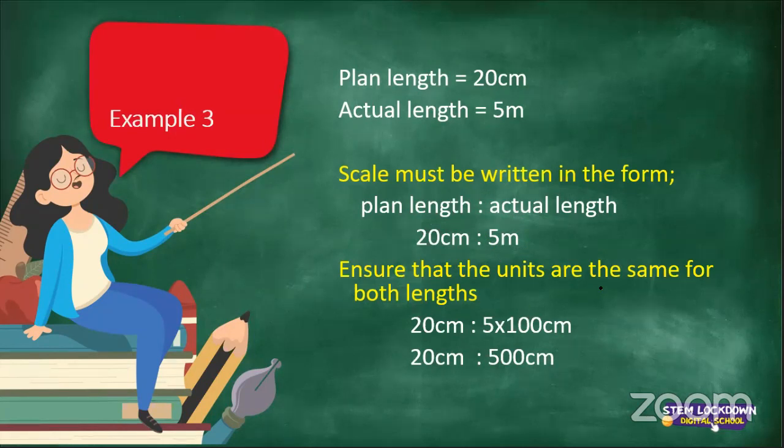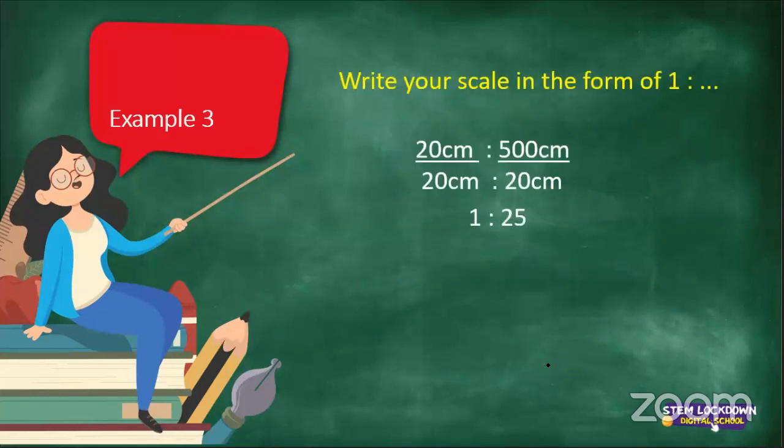I know that 1 meter is equal to 100 centimeters. So when I'm converting 5 meters to centimeters, I'll obviously multiply by 100. So 5 meters is actually equal to 500 centimeters. So that is simple, I think.